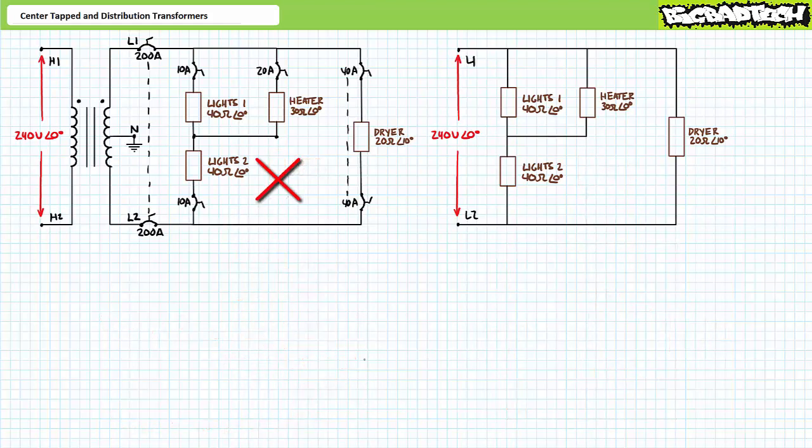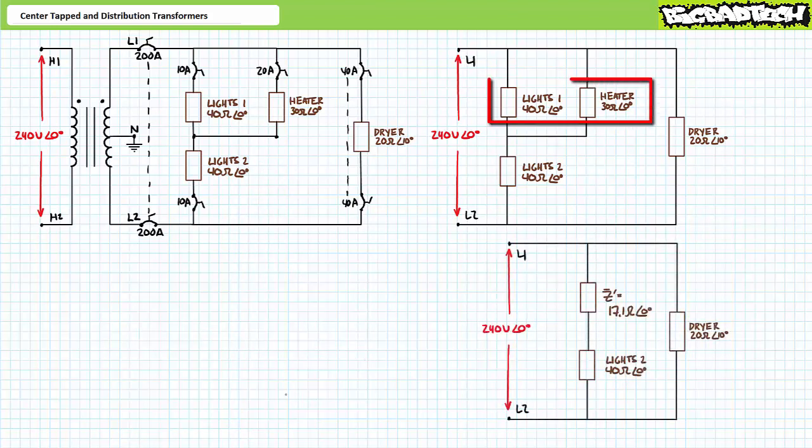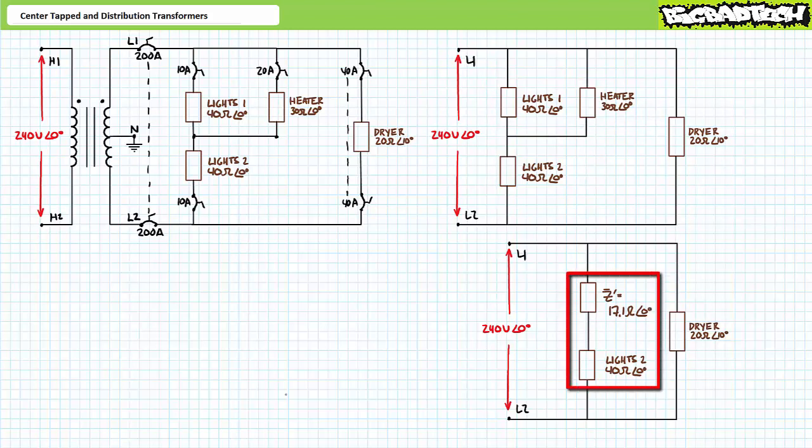As if this wasn't odd enough, consider what happens when the motor turns off. The first lighting load and the heater remain in parallel with one another, presenting a parallel impedance Z single prime of 17.1 ohms at an angle of 0 degrees. Z single prime and the second lighting load are now in series with one another across a 240 volt differential.